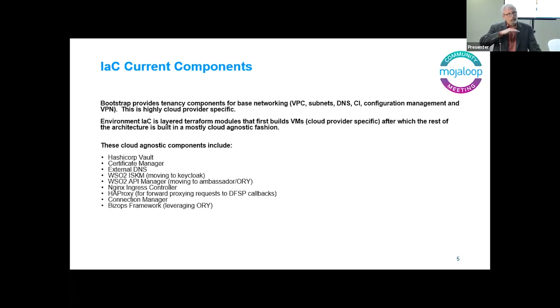After you've gotten past those two layers, everything on top is designed to be cloud provider agnostic. Once you've decided I'm going to run on AWS, the first two layers provide that AWS specific infrastructure, and then the rest of the layers on top are providing components that live within that Kubernetes cluster that you built, but should have no actual dependencies on the cloud provider.